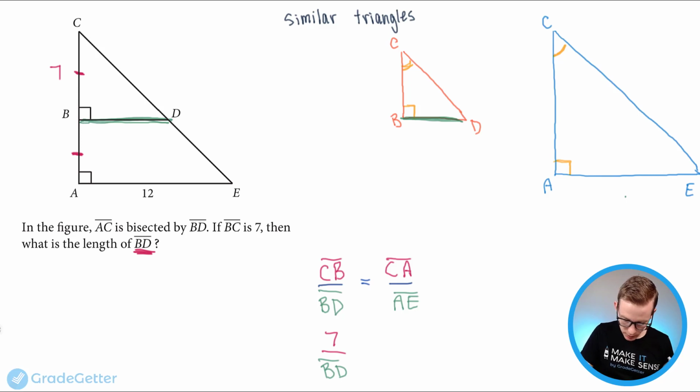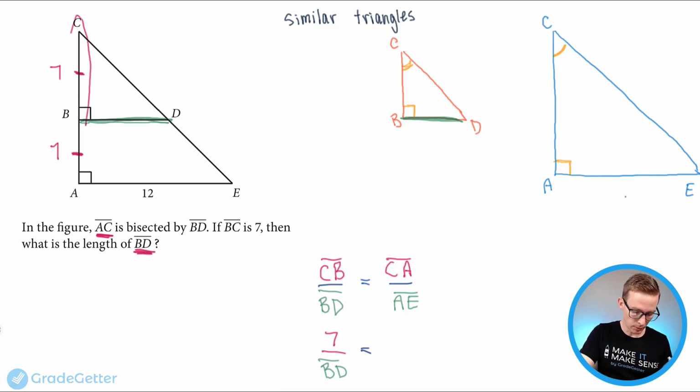But that should equal the length of line CA, right, the length of this side, which is going to be 7 plus 7, because remember, line BD bisects line AC. So bisects means that it creates two equally measured lines.